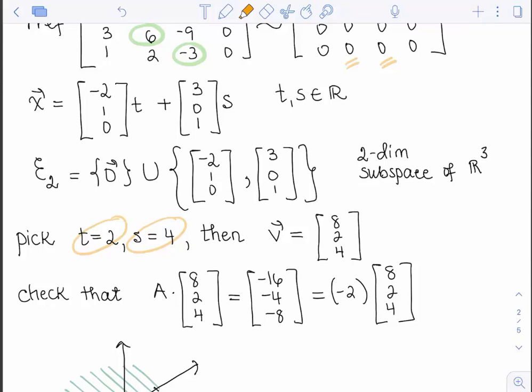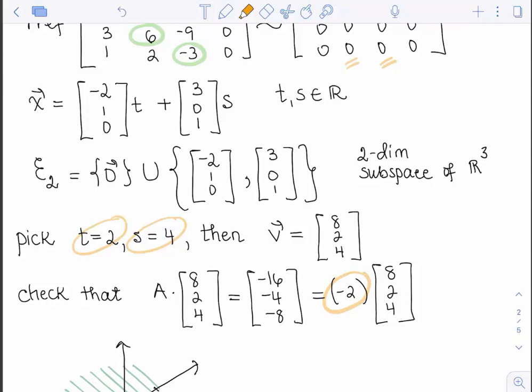So v is the first basis vector times 2 plus the second basis vector times 4, and I get this vector 8, 2, 4. And if I multiply this vector by the matrix that we're working with, I should get a multiple of that vector, and not just any multiple. It is this vector times -2, and you can check this.